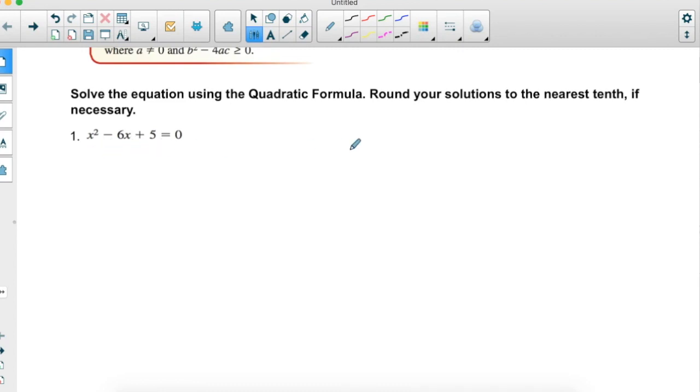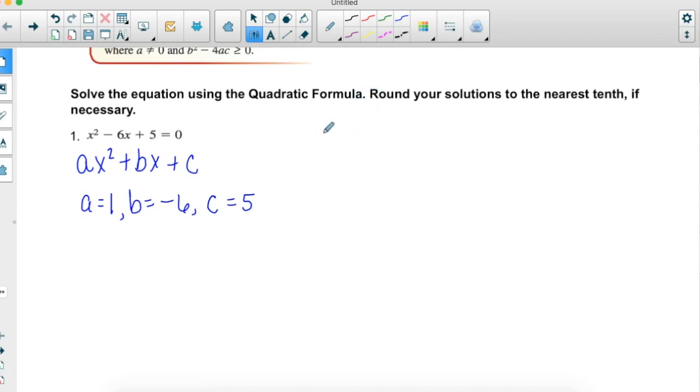Because it's set up this way, you're going to see here that a is 1, b is negative 6, and c is 5. So we're going to use these numbers and plug them into the quadratic formula.